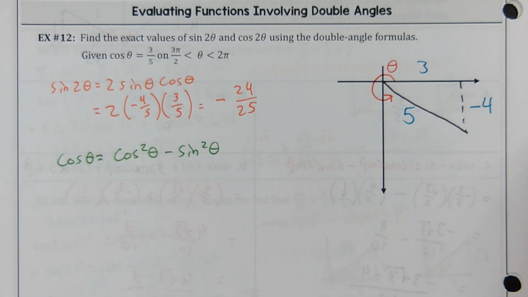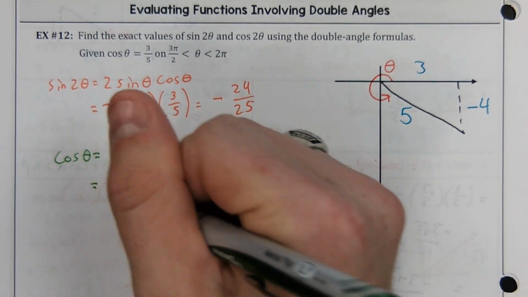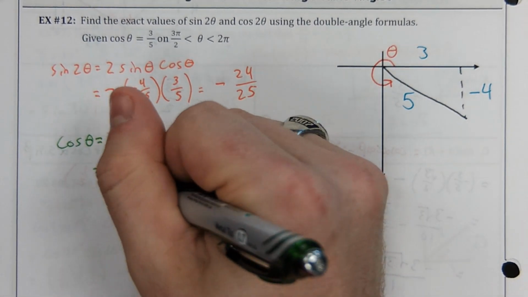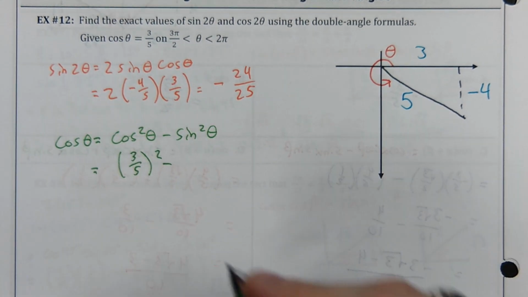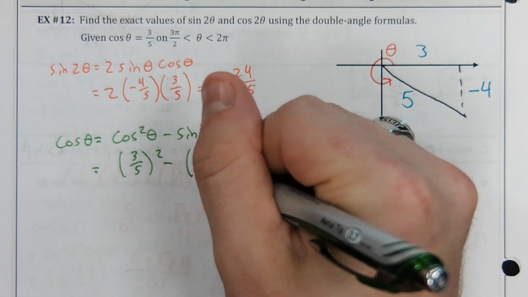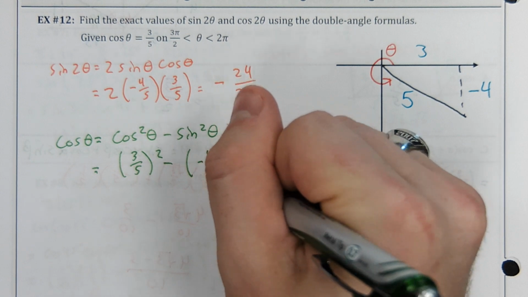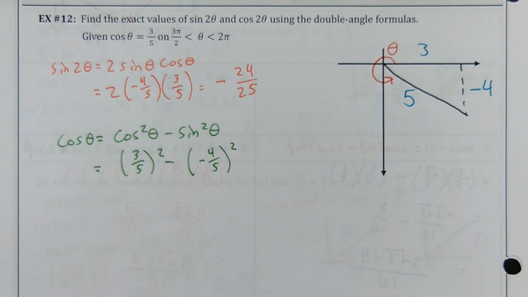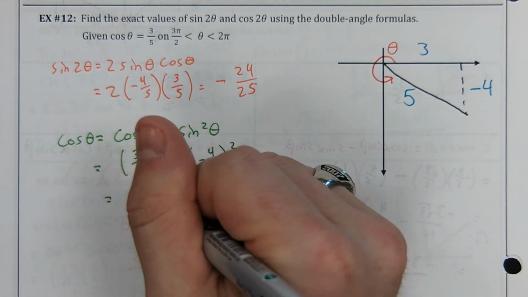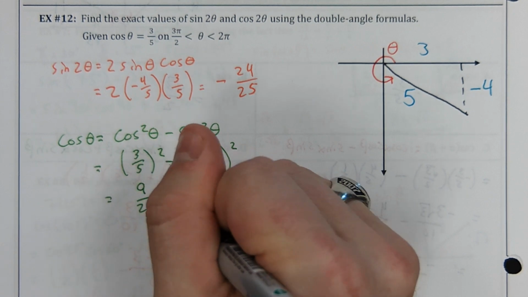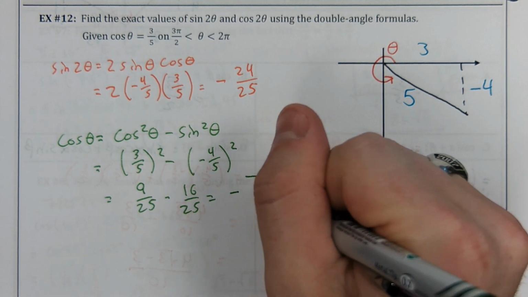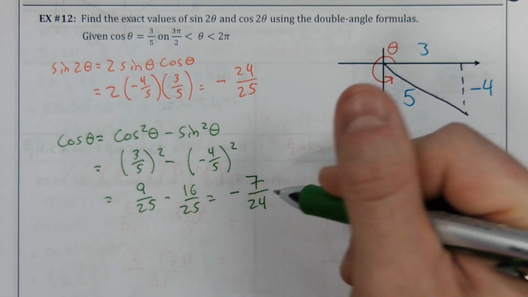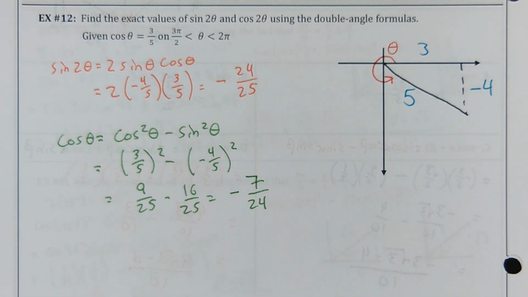I'm being lazy. Cosine of theta is 3/5. It was given to us. And we just said sine of theta a moment ago was -4/5. And we're going to square it. So 9 over 25 minus 16 over 25 is -7 over 25.